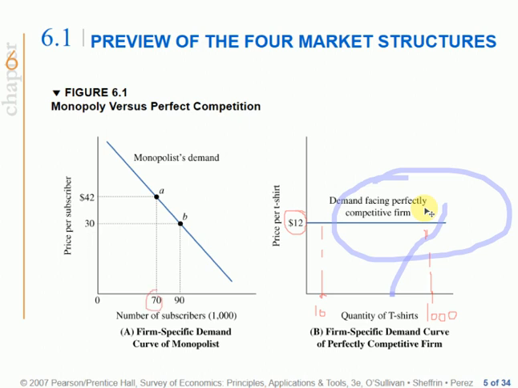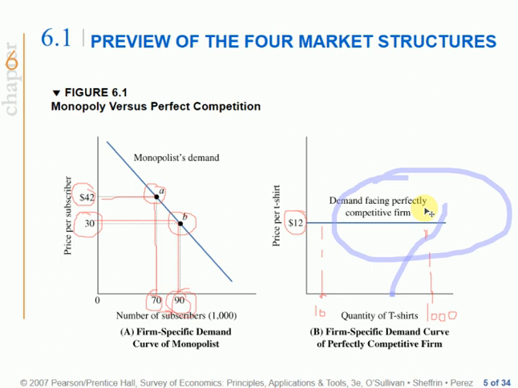So if the monopolist at point A produces 70 units, and these 70 units are sold to consumers at the unit price of $42, when the monopolist increases the quantity produced from 70 to 90, the price will fall from 42 to 30.